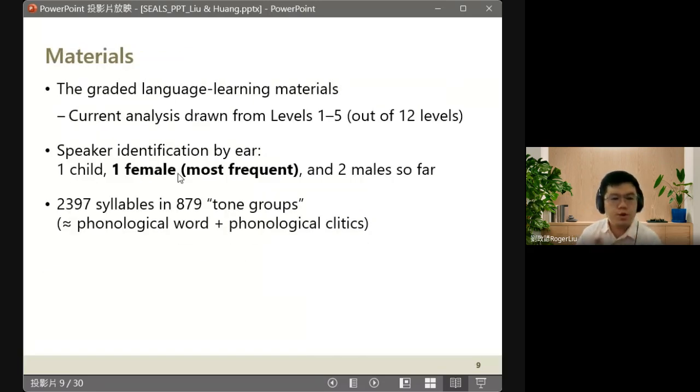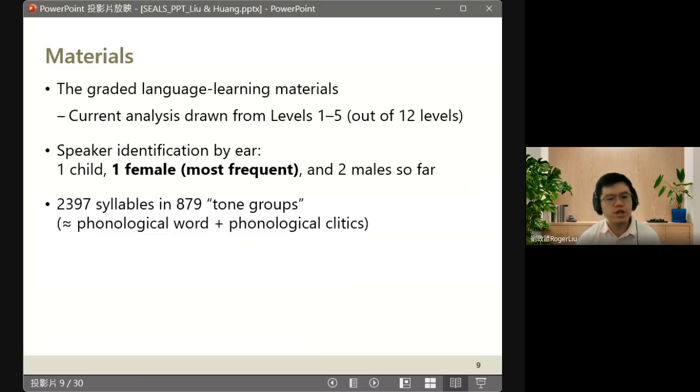So we use the online materials, and especially we did quantitative analysis based on the graded language learning materials, and we have currently analyzed the first 5 levels out of the 12 levels of this dialect.